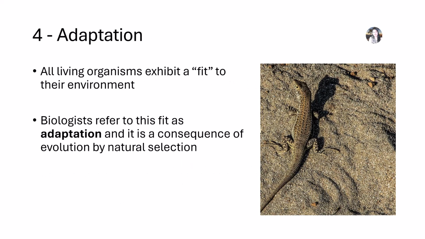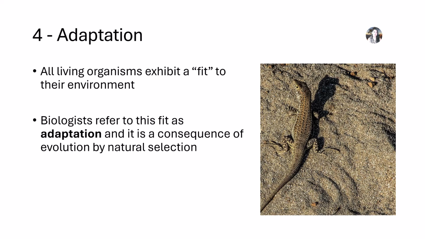So characteristic number 4 of things that are alive, adaptation. All living organisms exhibit a fit to their environment. You'll notice different plants and animals that seem pretty well suited to their environment, and that's because of a long time of evolution by natural selection, this long process where the things that are better suited to their environment will be the ones that survive and carry on their genes.